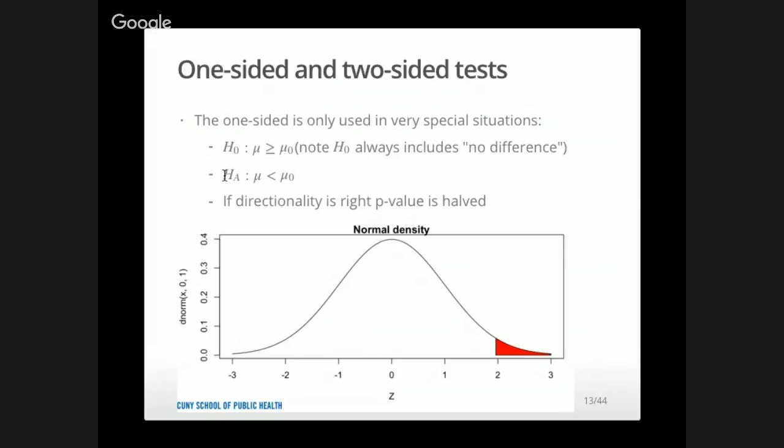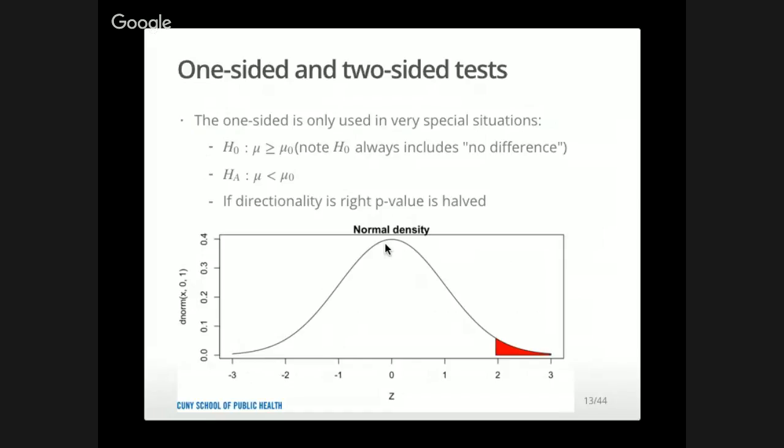And then the alternative hypothesis includes everything else, so in this case, that the means are less than the null. This is somewhat different because we're only going to count the area under one tail, because everywhere to the left is part of the null distribution. And as a result, you can get a p-value that's half as big as in the two-sided test.